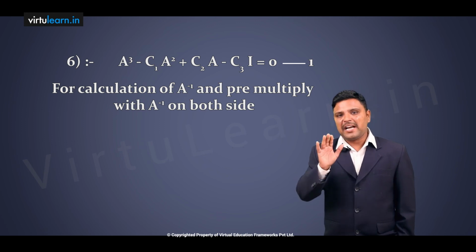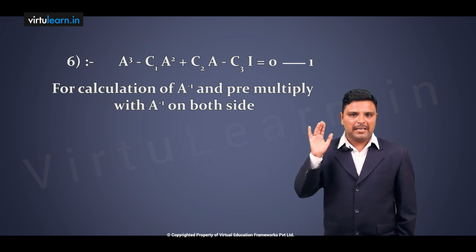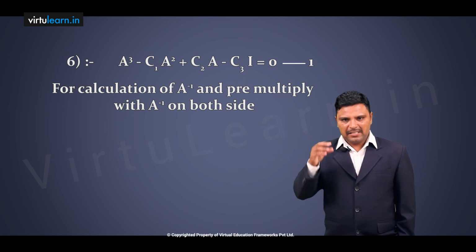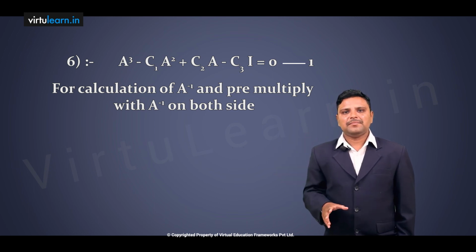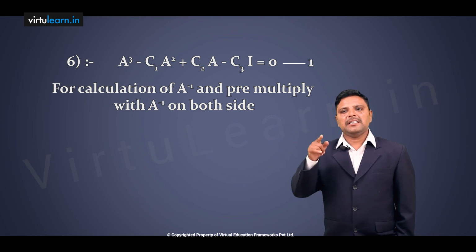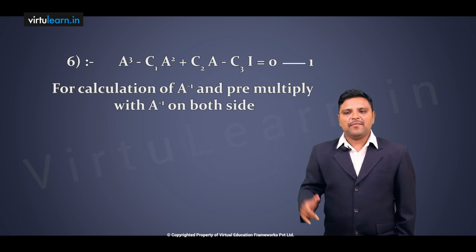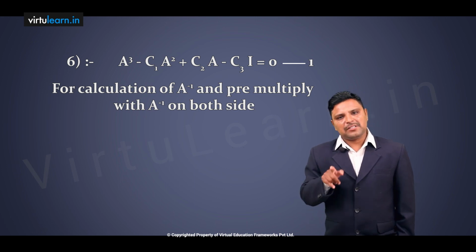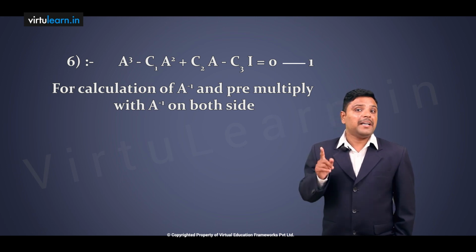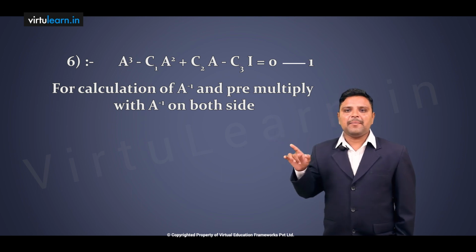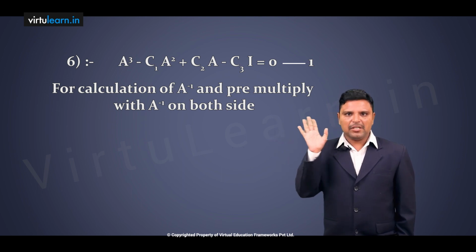For that purpose I have taken minus C3 into I. While calculating this, if the answer is the zero matrix, then we can say that Cayley-Hamilton theorem is verified. Therefore, A cube minus C1 A square plus C2 A minus C3 I equal to 0. This is the Cayley-Hamilton theorem verification. Like this you have to verify.